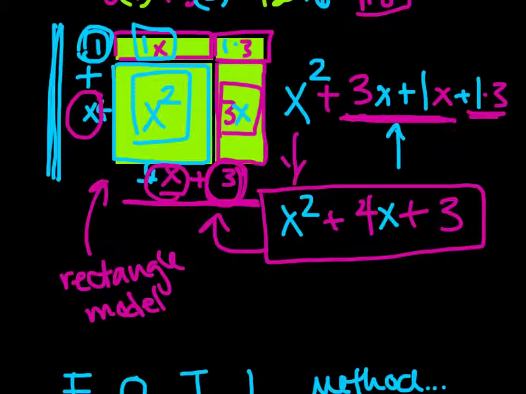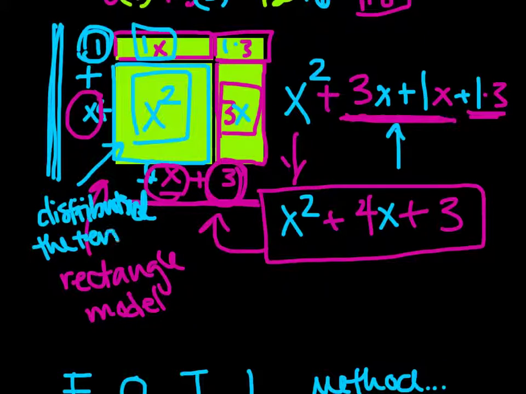So it's kind of interesting. If I wanted to, I could describe what I just did. If I look at what I just did here, I distributed the terms for various areas.